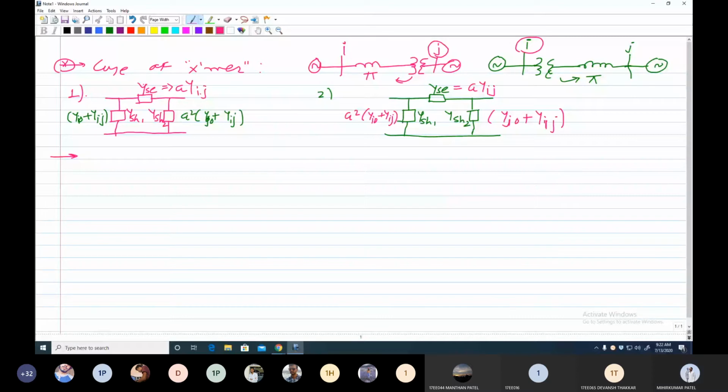The first one is where the transformer is placed at the jth bus, and the second case is when the transformer is placed at the ith bus. What is the conclusion for such case where the transformer is present in your system? Just compare figure 1 and figure 2.